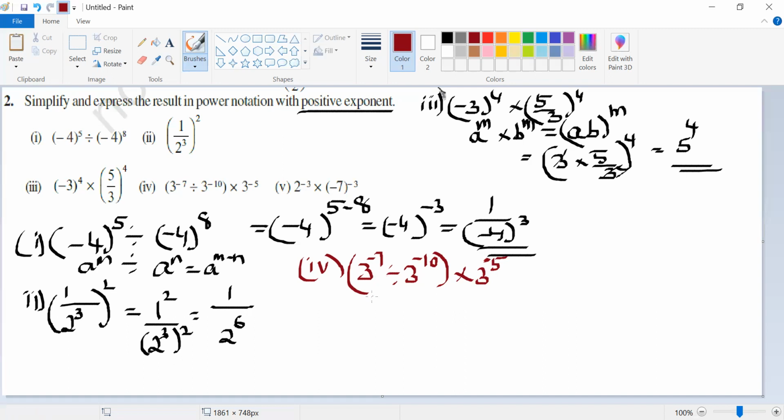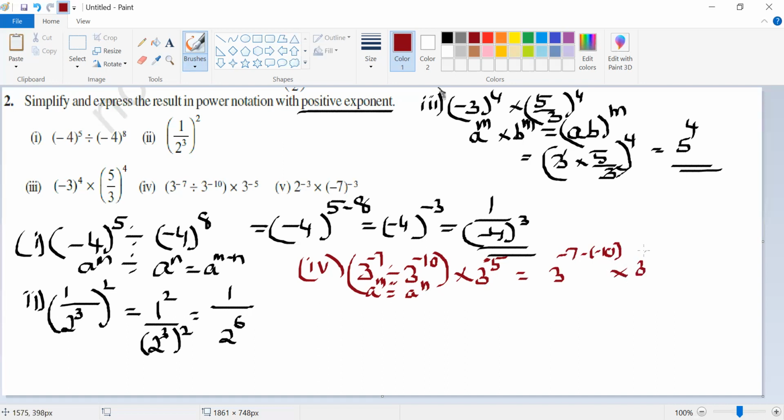So this is a raised to m divided by a raised to n, which is equal to a raised to m minus n. So we can write it as 3 raised to minus 7 minus, minus 10, into 3 raised to minus 5.